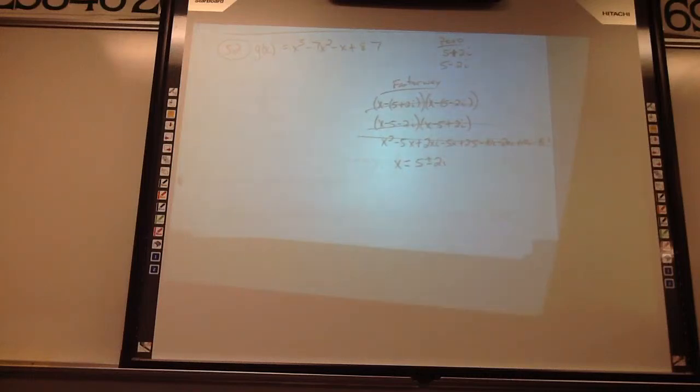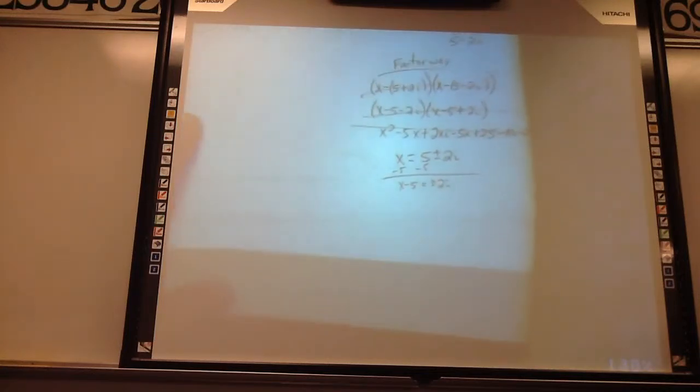Subtract the real part, or add if it's negative. If there's a negative 5, you'd add. So go minus 5. So you got x minus 5 equals plus or minus 2i. And square both sides. What that does is it gets rid of the i.